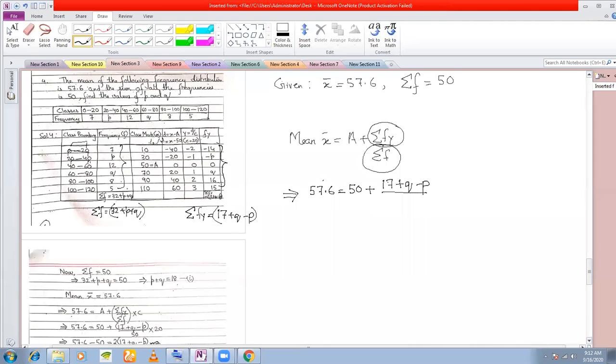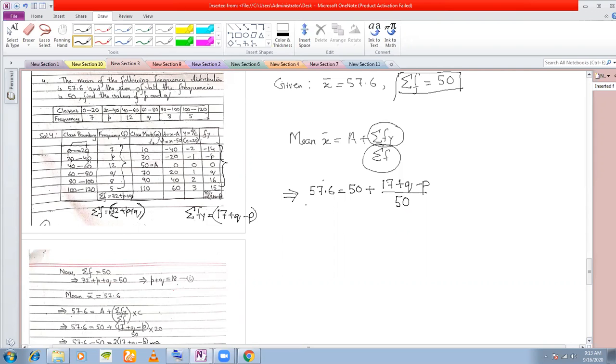Although we found sigma f to be 32 plus p plus q, we also know sigma f is given to us as 50, the total of the frequency. So instead of 32 plus p plus q, I'll write 50.